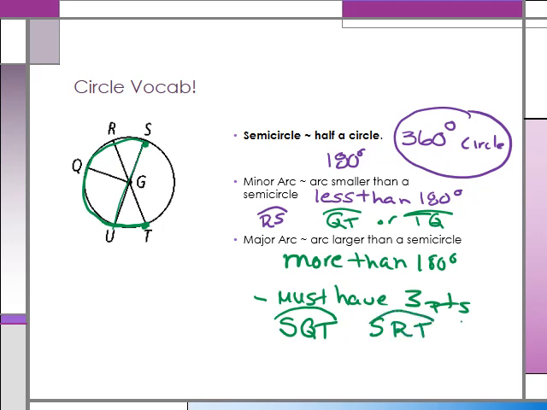Notice that my endpoints are the same. Okay. So to distinguish, because we have two arcs with an endpoint at S and T, to determine which one we mean, we use the 3 points for a major arc and 2 points for a minor arc.